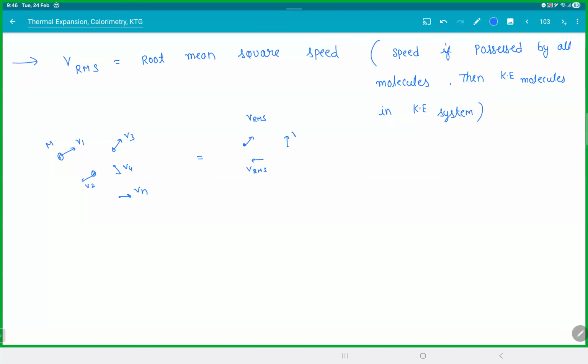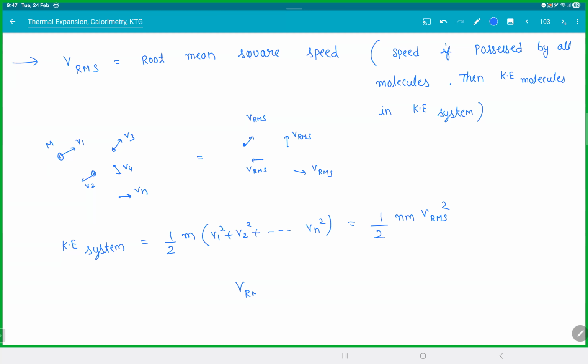So we are trying to find a particular speed such that if every molecule had that same speed, then the energy would still remain the same. So the energy of the system: half m v1 square plus v2 square, so on till vn square is equal to half into n m vrms square.